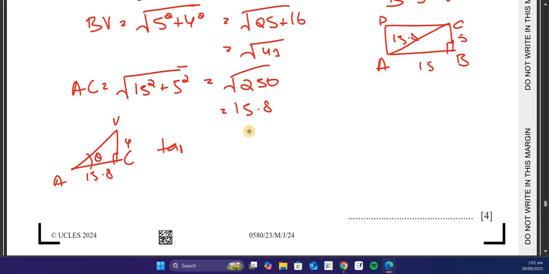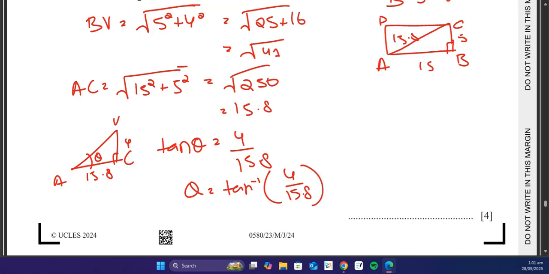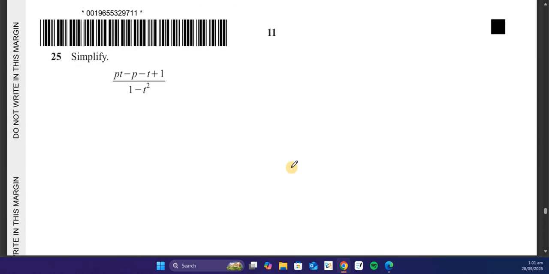So tan theta is equal to 4 over 15.8. That would give us tan inverse of 4 over 15.8, and that should give us 14.21 degrees. Alright, perfect.